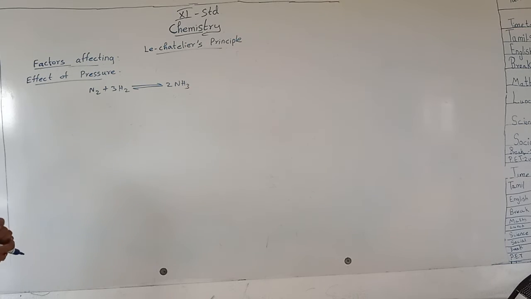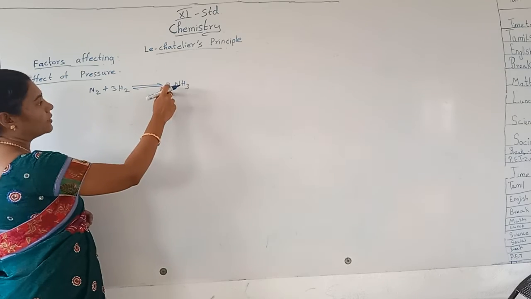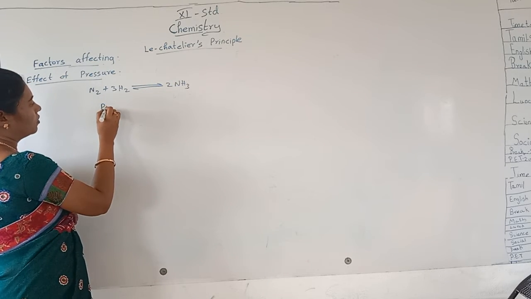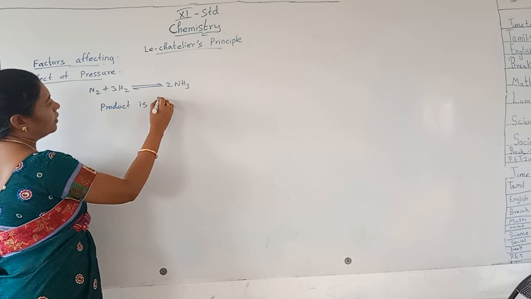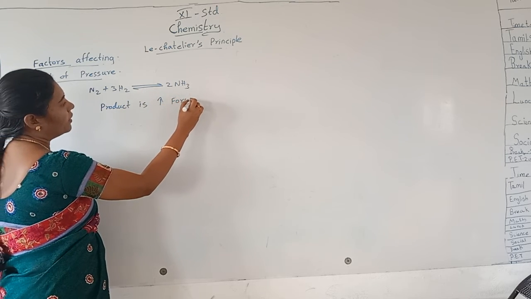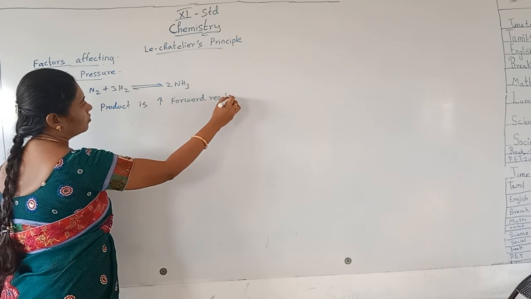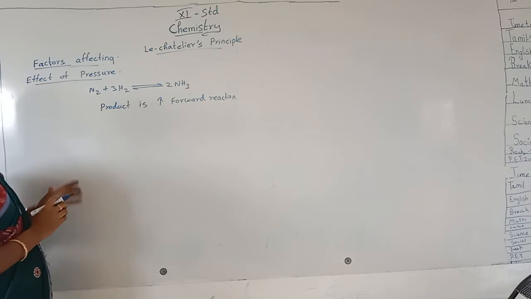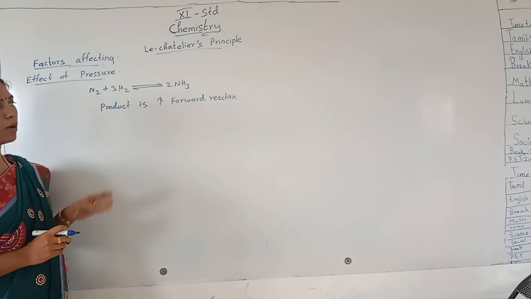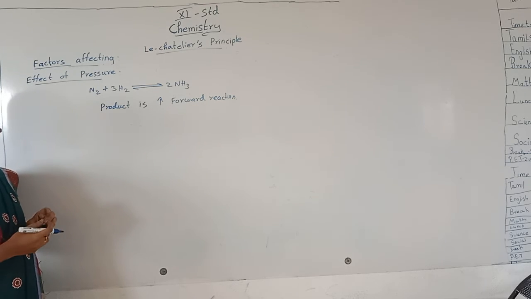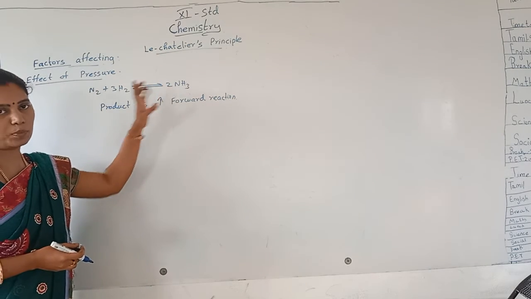If the product increases, the forward reaction increases. Nitrogen reacts with hydrogen to form 2 moles of ammonia, an equilibrium reaction with reactant and product.